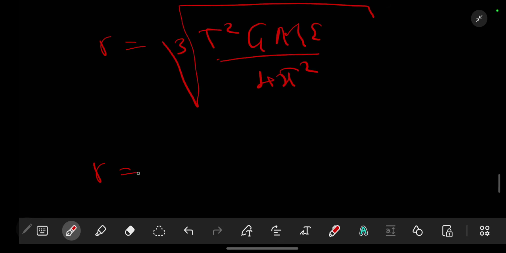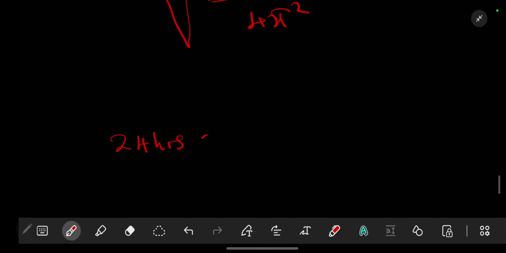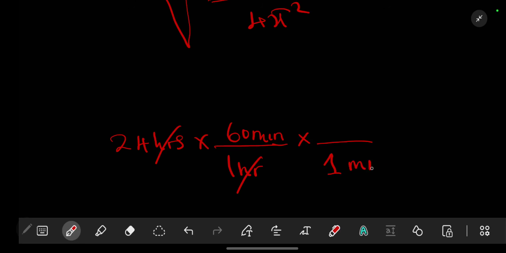So we have r equal to, now let's find the period. It's 24 hours, so convert 24 hours to seconds. So 24 hours times, the hour is up here, so you need to put it down here. So we have 1 hour. In 1 hour there is exactly 60 minutes. So this and this go, then you multiply again. The minute is on top, so you want the minutes to come down so that they can cancel.